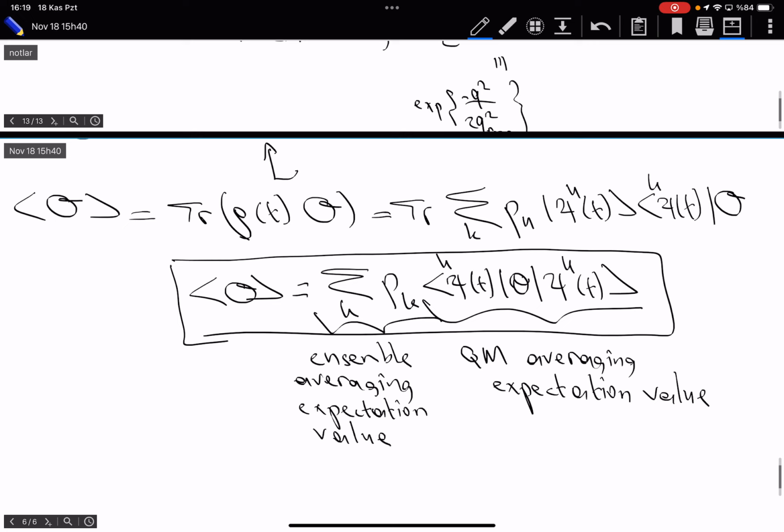So we have two kinds of expectation values, or averaging, that we will be performing. One on the quantum mechanical state that my system can be in, and the other one over the ensemble.